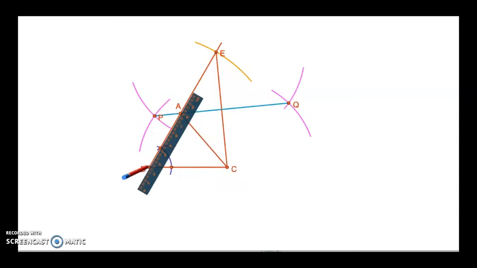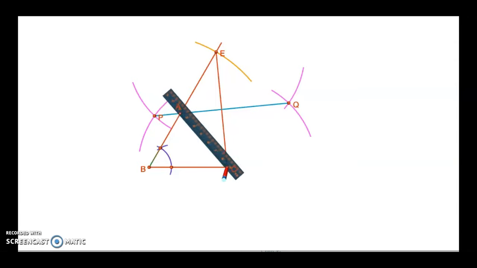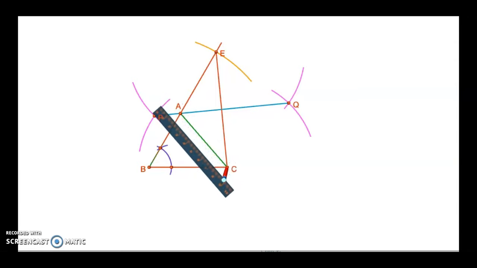So, let us join these sides, AB, AC and BC to get the required triangle ABC.